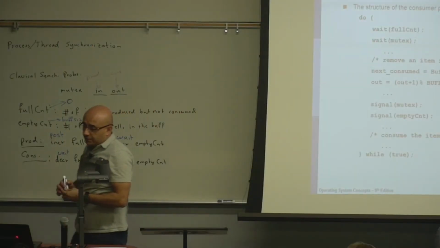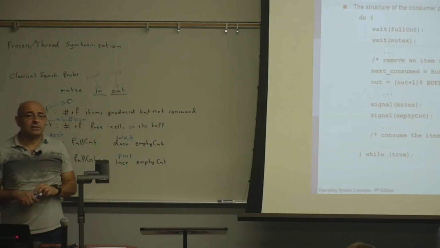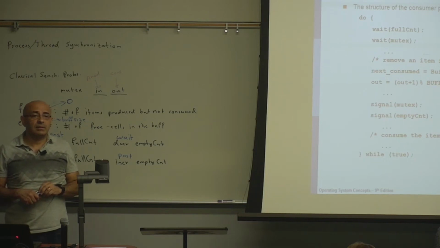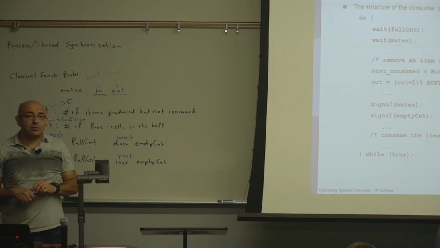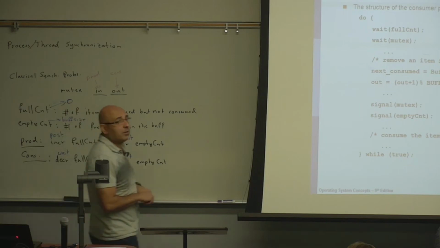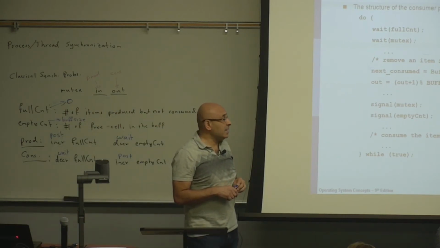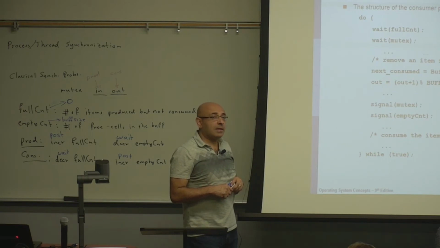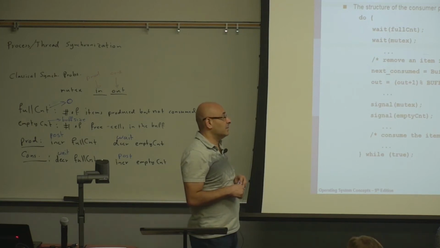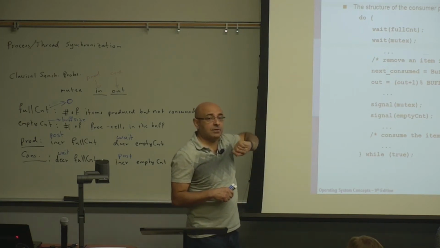Is this the most efficient way of doing it? When we are using one semaphore to protect both in and out, can in and out be modified at the same time? No, they can't, because they are protected by the same semaphore.